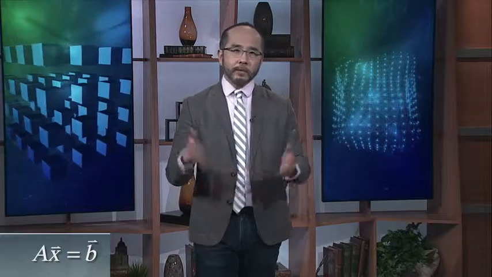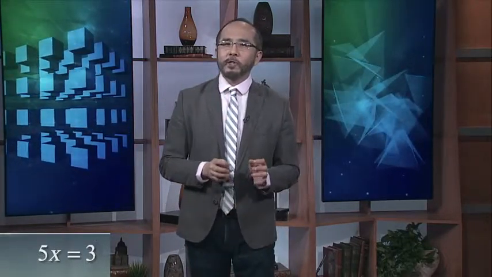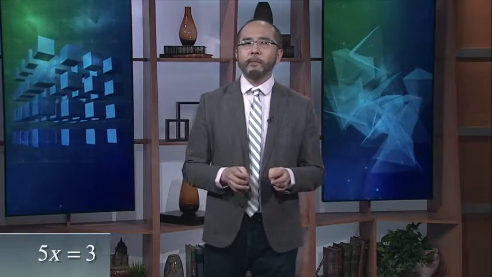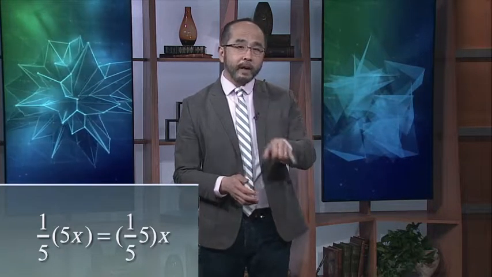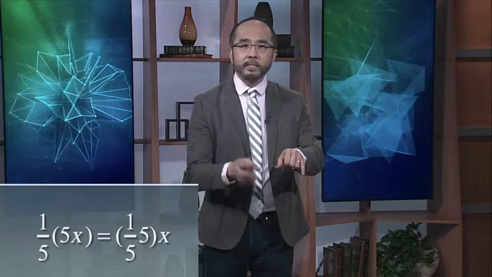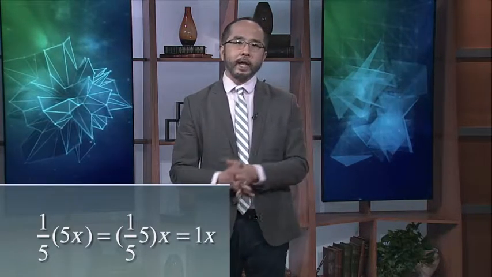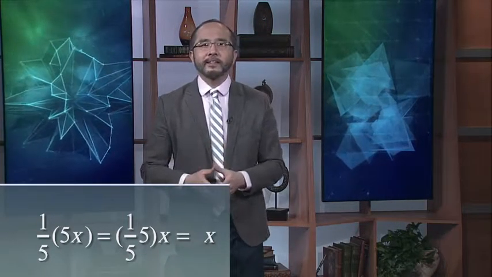equals something? Looking at our numerical example, we could multiply 5x equals 3 by the number 1/5 on both sides, and because 1/5 times 5 equals 1, and because multiplication is associative, the left side is 1/5 times 5x, which is the same as 1/5 times 5 multiplied first times x, which is just 1x, which is x.